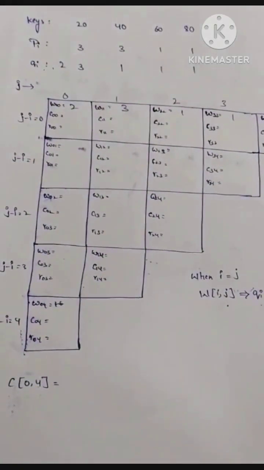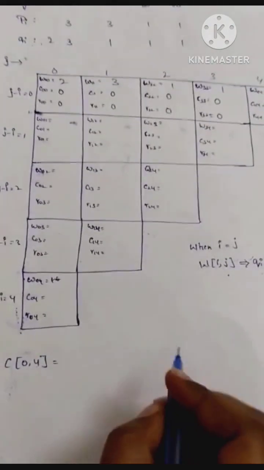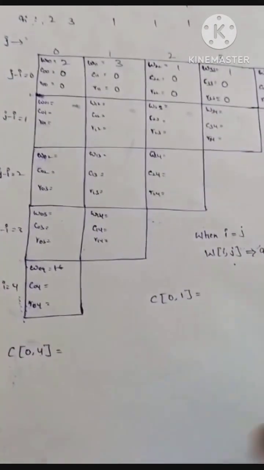As the values of i and j are equal, the cost and root are all zeros. Now let's find the cost of 0 comma 1 using the formula.